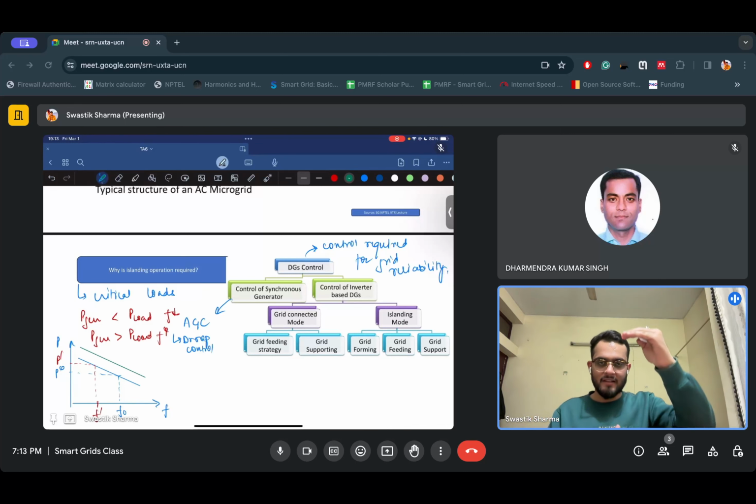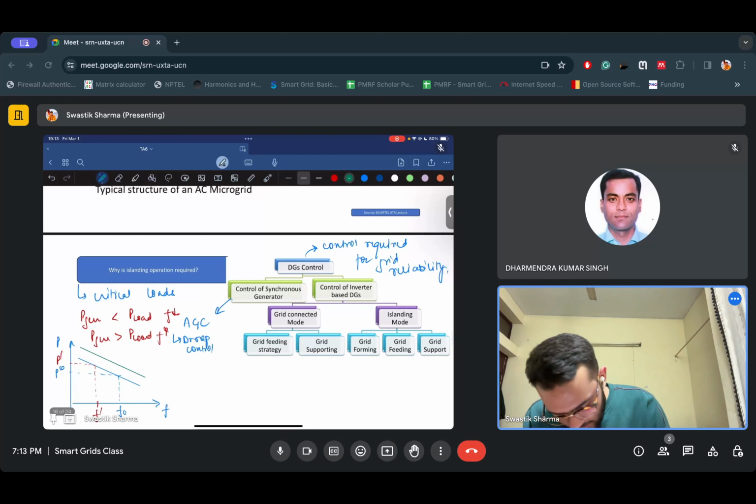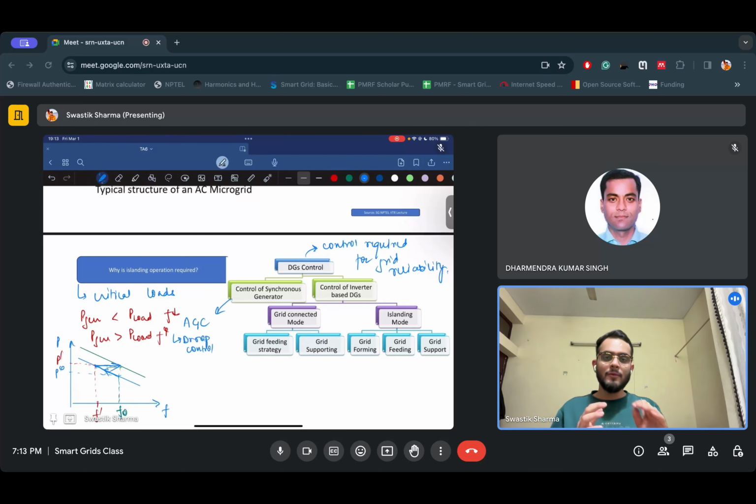You upscale the graph a bit. So this would be your P dash that is required, and this would coincide with your F naught frequency. Once you upscale it, your frequency goes from here to here, and then after you upscale it, the frequency comes back to its nominal point. So this is the droop control by which your synchronous generators are controlled.